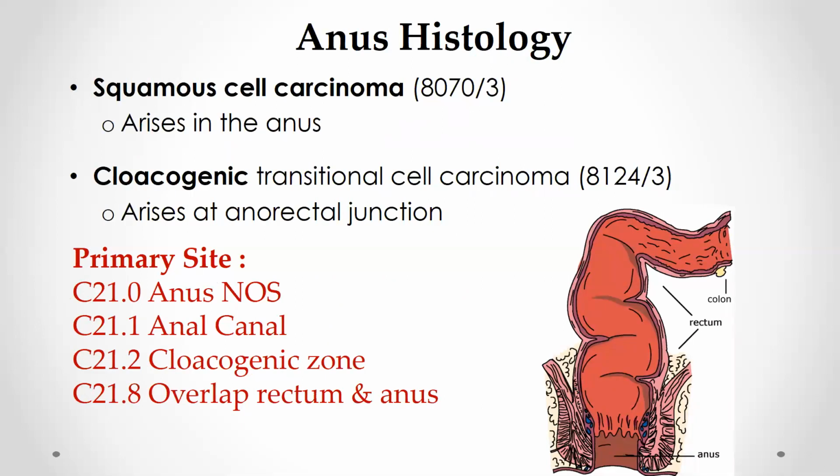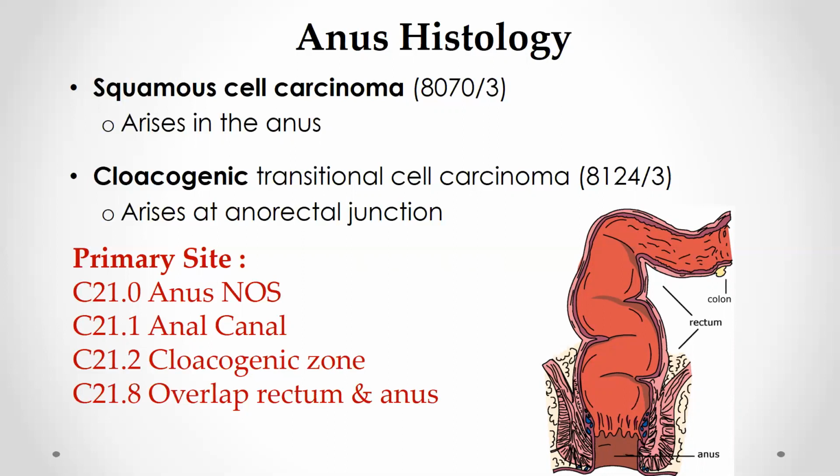Even though the anus has its own schema ID, it does not have solid tumor rules. We would then use the 2007 MPH rules if you have an anus primary site. To find these primary sites, go to your ICD-O-3 Purple Book, and they will be listed out.